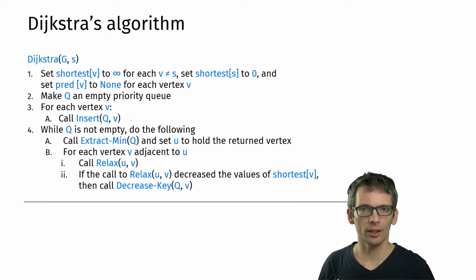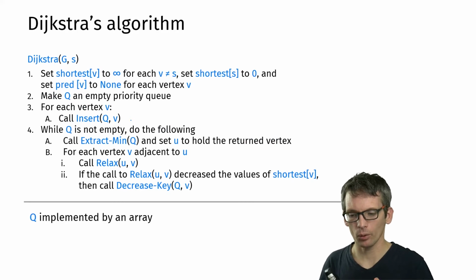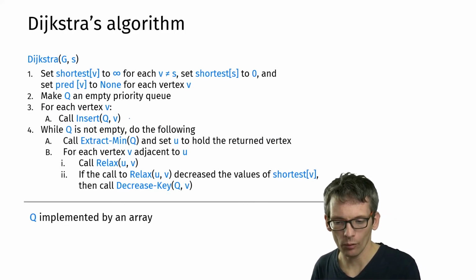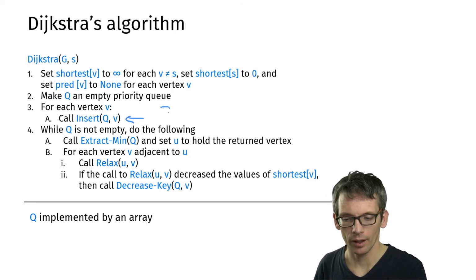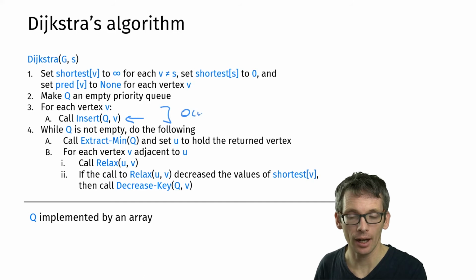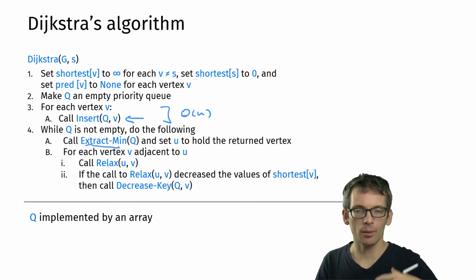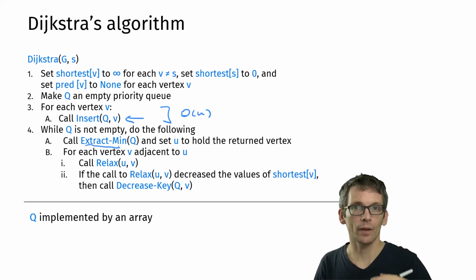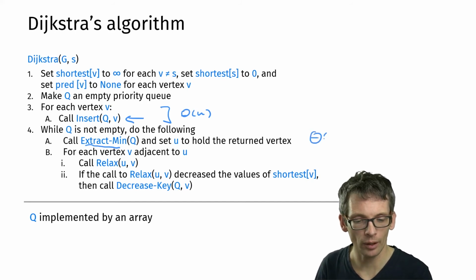Now let's plug this into Dijkstra's algorithm. So we implement the priority queue now as an array. So how long does that then overall take? Insert, I can do constant time per element. So then this will be linear time. Extract min, I will extract every element once, and that takes me linear time per element. So that will be actually quadratic time.